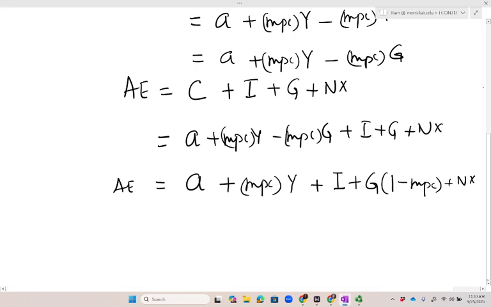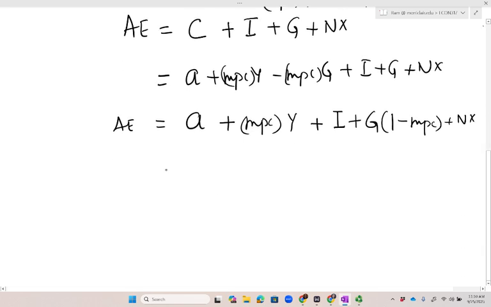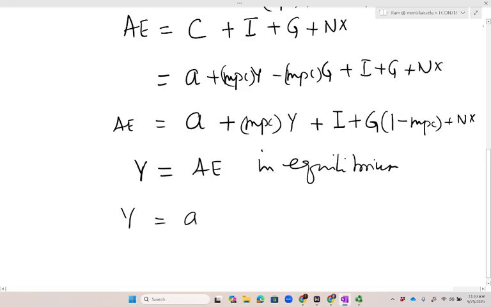And then we are looking at finding out the national GDP in equilibrium, which means Y must be equal to the aggregate expenditure in equilibrium. So I have Y on the left hand side, A plus MPC times Y plus investment plus government expenditure 1 minus MPC plus the net export.